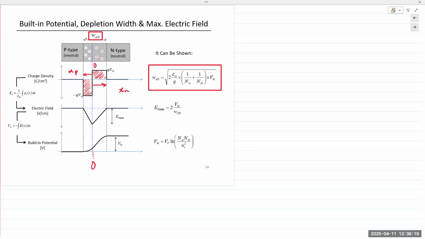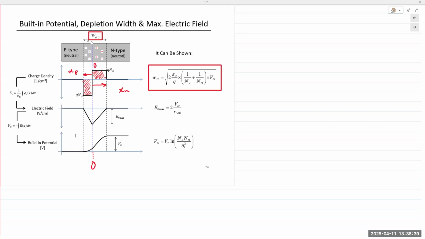So this charge density gives rise to an electric field. We integrate the entire area, and we can obtain the electric field as shown here. It's labeled as E max, the max of the electric field.